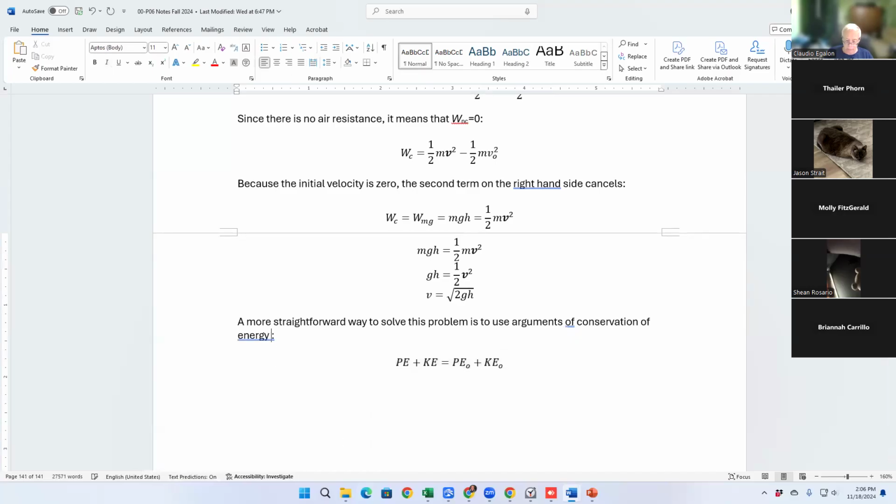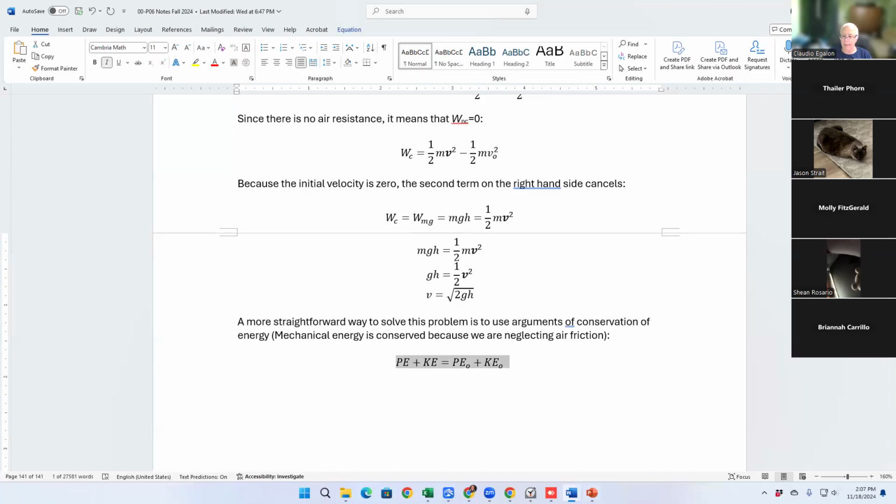Since energy is conserved, mechanical energy is conserved, because we are neglecting air friction.